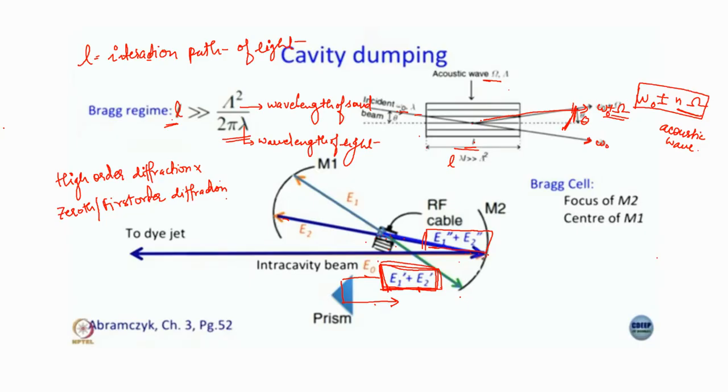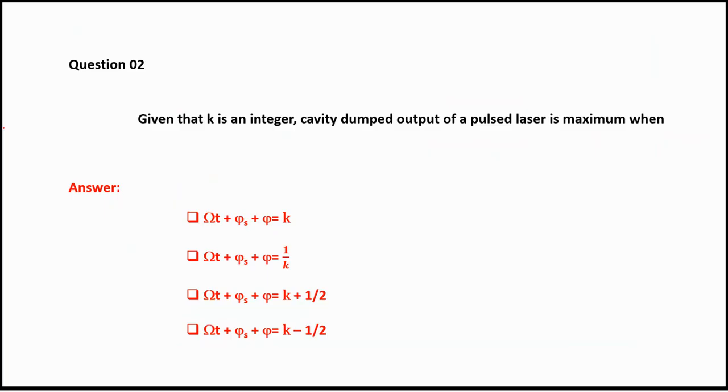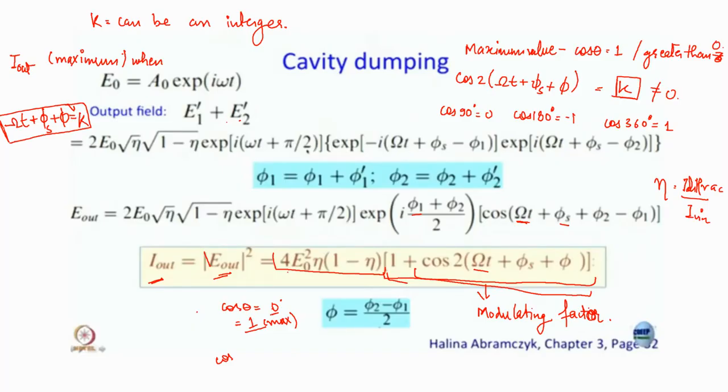Again, I just want to say here that we had studied that E1 plus E2 is the total output field. Now from this equation, we also got a total mathematical relation by summing up all the values of E1 and E2, and what we could get is that intensity is the square of this electric field vector, and therefore the total value is 4 E naught square eta 1 minus eta, bracket 1 plus cos 2 omega t plus phi s plus phi.